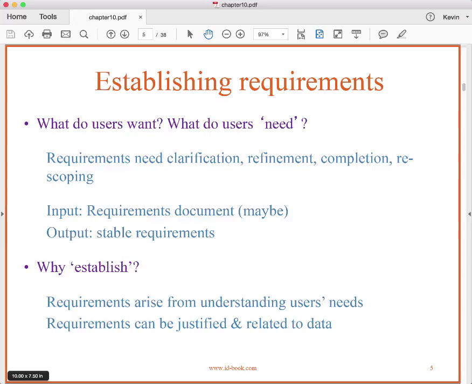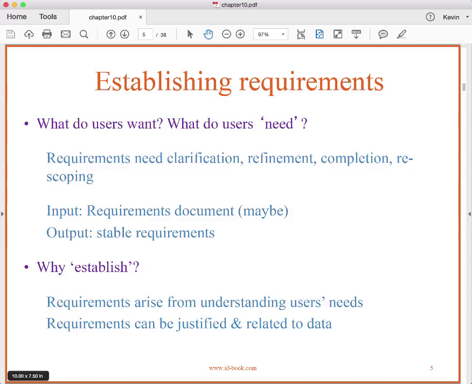Okay, that's about as stable as the requirement is going to get. Could the stakeholders be misguided at that point? Sure, they could. That's why requirements have a tendency to change over the course of a project as we learn more. Okay, could the world change? Could we have the requirements right for now but wrong for later? Sure, they could.